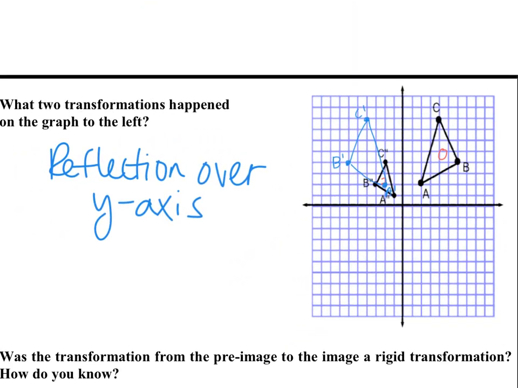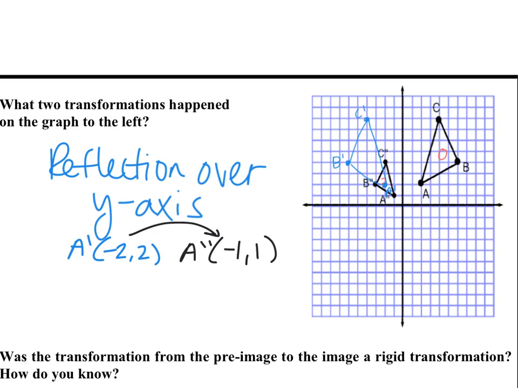I have A prime at (-2, 2). And I have A double prime at, what is that, (-1, 1)? So it went from here to here. It got smaller.